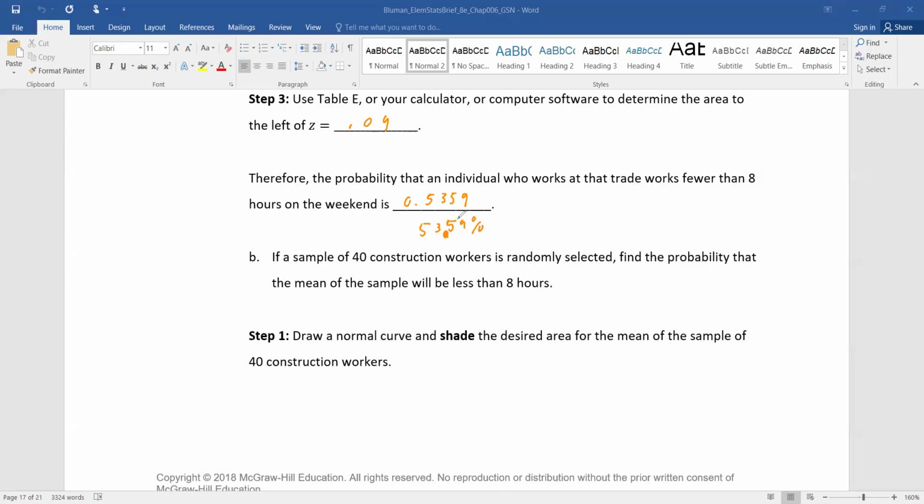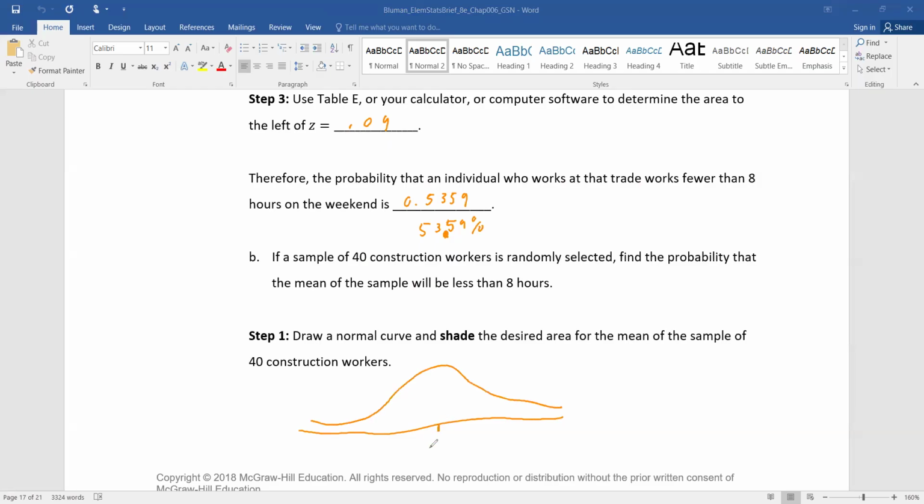All right, part B then says if a sample of 40 construction workers is randomly selected, find the probability that the mean of the sample will be less than 8. So again, if we draw our picture, here we go.